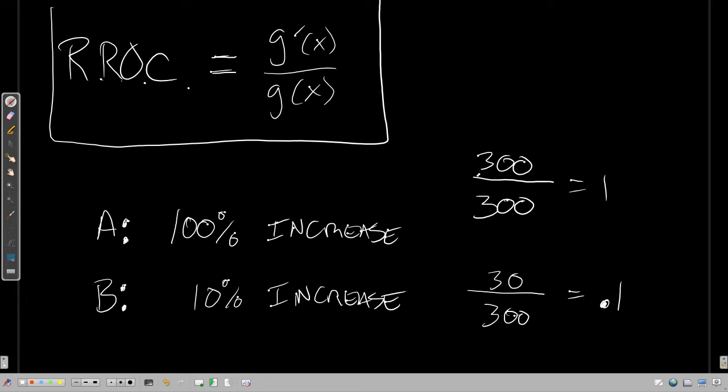And so the relative rate of change, clearly this one had a bigger rate of change because it changed by 300 units. This one changed by 30 units. But relative to where it started, this one had a much bigger rate of change, and so you would choose stock A.